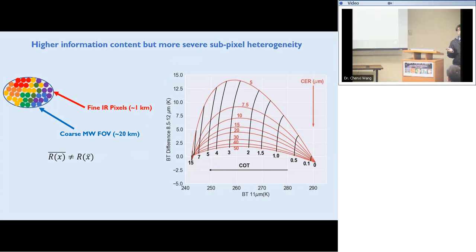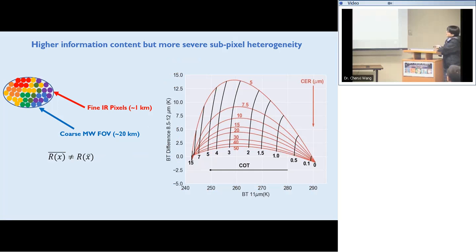But one difficulty we have to handle is, as I talked about before, when you combine infrared and microwave together, they have totally different spatial resolution. For microwave, the FOV is about 20 kilometers, but for infrared, it is 1 kilometer at the nadir point of view.